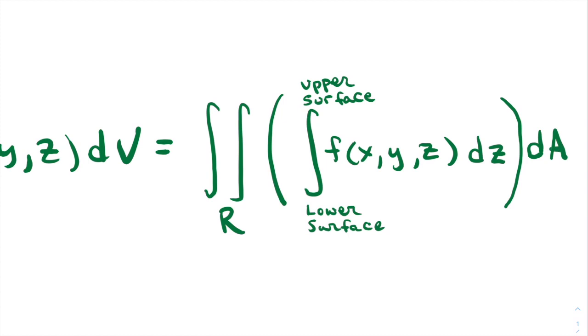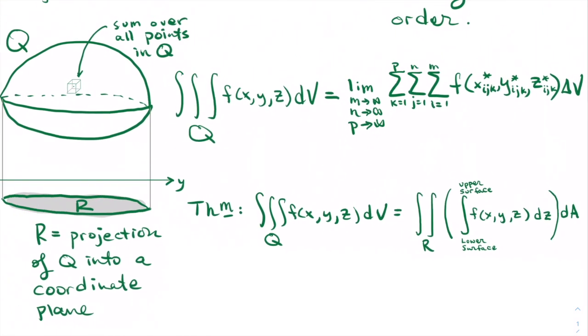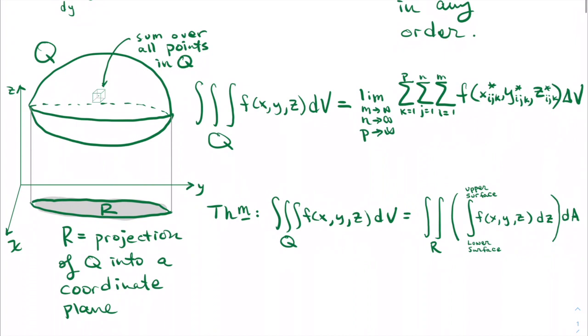Again, now you're integrating over R, which in the way I've drawn this is just a region in the xy plane. Okay, so that's how you evaluate these, but they don't have to be from lower surfaces to upper surfaces. They could go from left to right surfaces, or back to front surfaces. So there's lots of ways that this can play out.